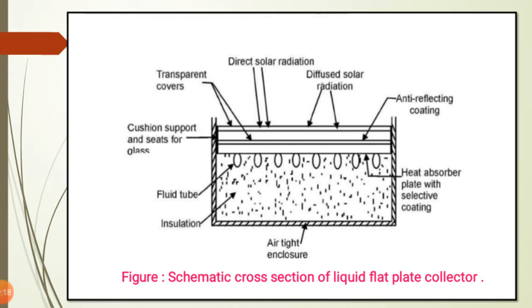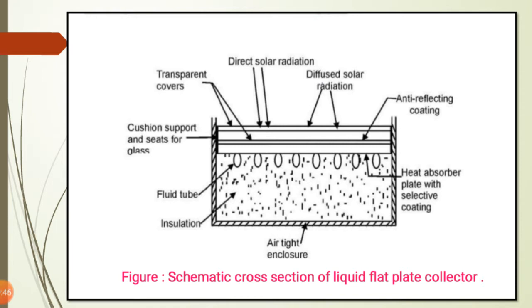Therefore the fluid tube is attached exactly below the absorber plate, and above the absorber plate there are one or two layers or more, which are transparent covers. That means they allow the solar radiation, both the beam radiation as well as the diffuse radiation. Beam means direct solar radiation.